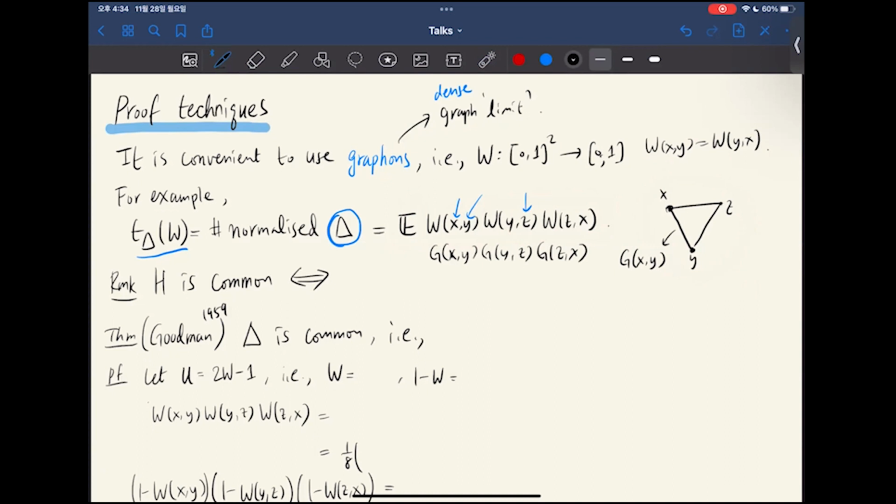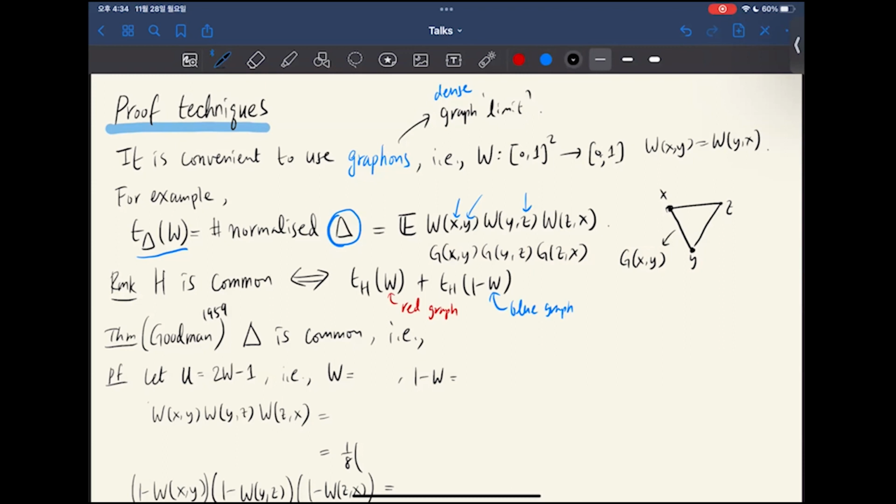Okay, so in this language, H being common is equivalent to a statement about the normalized density in W and the normalized density in 1 minus W. So what are these? If my W stands for the red graph in my K_n, and 1 minus W is simply its complement, this is the blue graph.